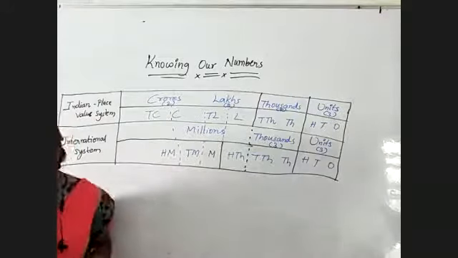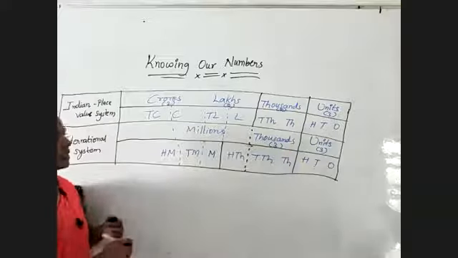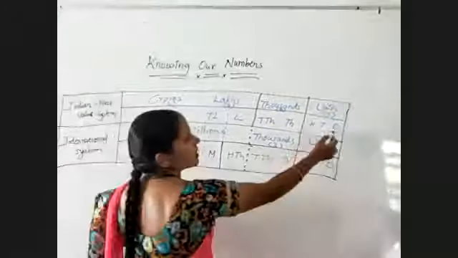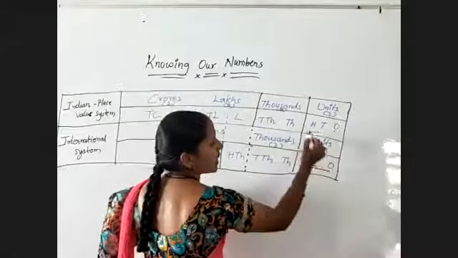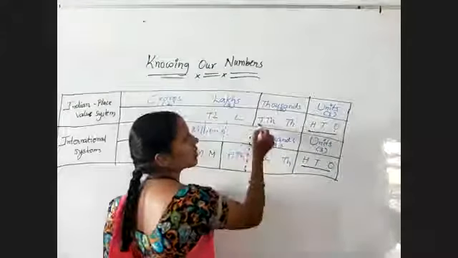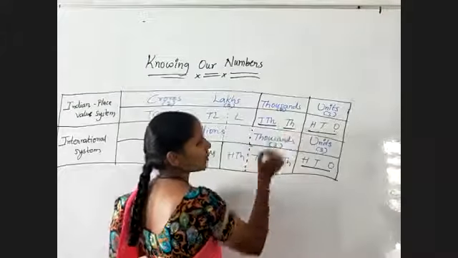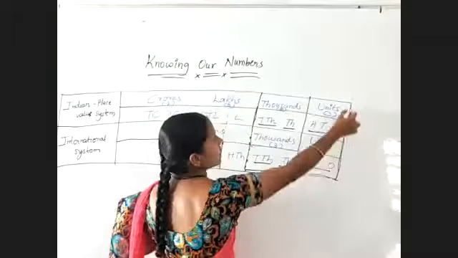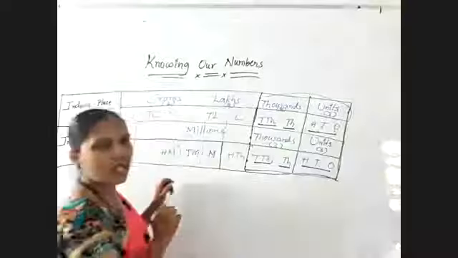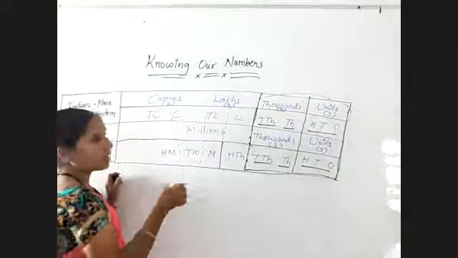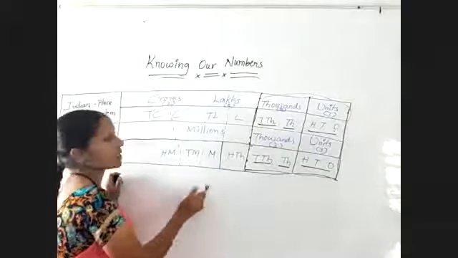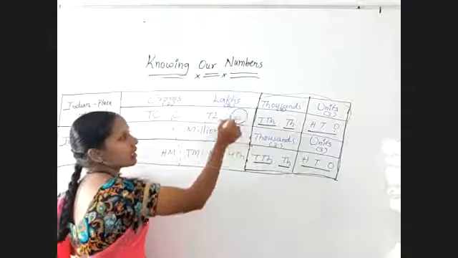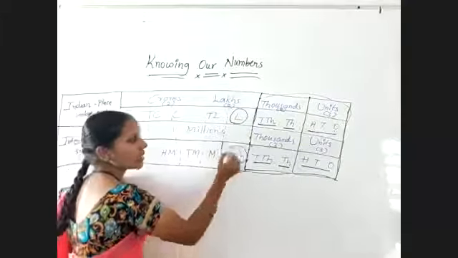Till 5 digits, once, tens, hundreds, thousands, 10,000, there is no change. Both are the same till 5 digits, and how to read the numbers does not change. Coming to the 6th digit, the lakh place, it is equal to 100,000.